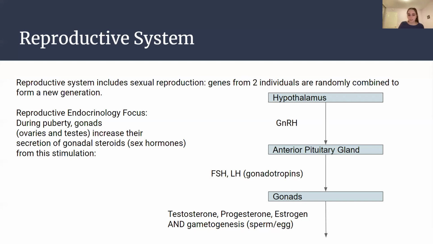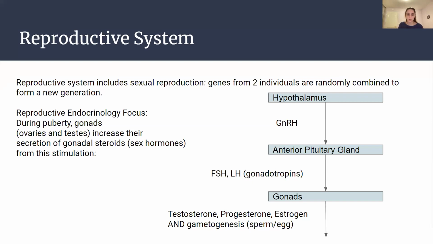So it kind of makes sense that the gonadotropin releasing hormone is going to later trigger the release of the gonadotropins. So after the anterior pituitary gland releases the gonadotropins, it's going to then trigger the gonads. And as we explained earlier, the gonads are the ovaries and the testes. It's going to trigger those structures to then release sex hormones, testosterone, progesterone, estrogen.